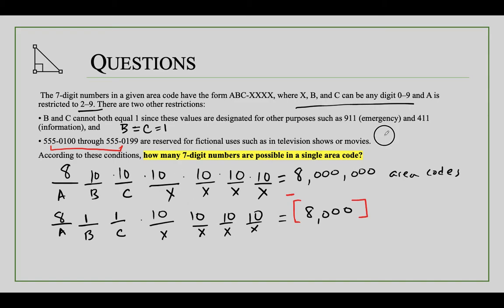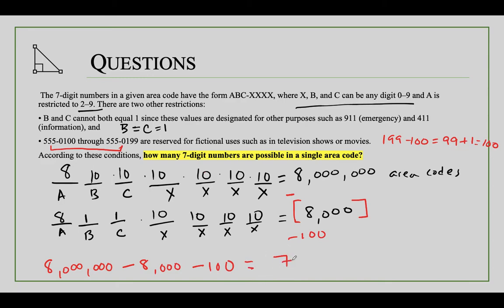So 199 minus 100 is 99, and we can't forget to add 1 so we don't lose our first number out. So that's going to be 100 total. Okay, so then I'm subtracting another 100 here. So then this question becomes 8 million minus 8,000 minus 100. And we could do this in our head and get something like 7,900 and 19,000.